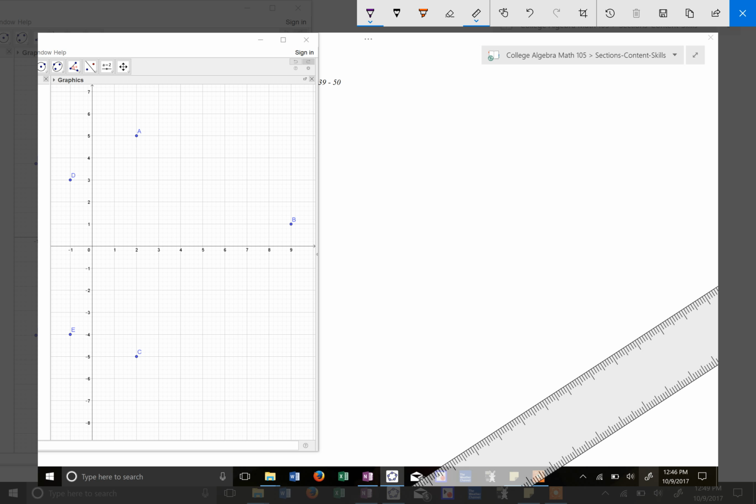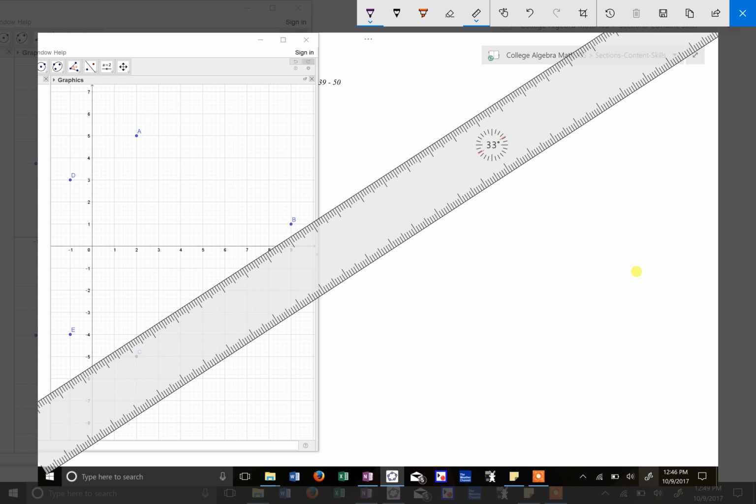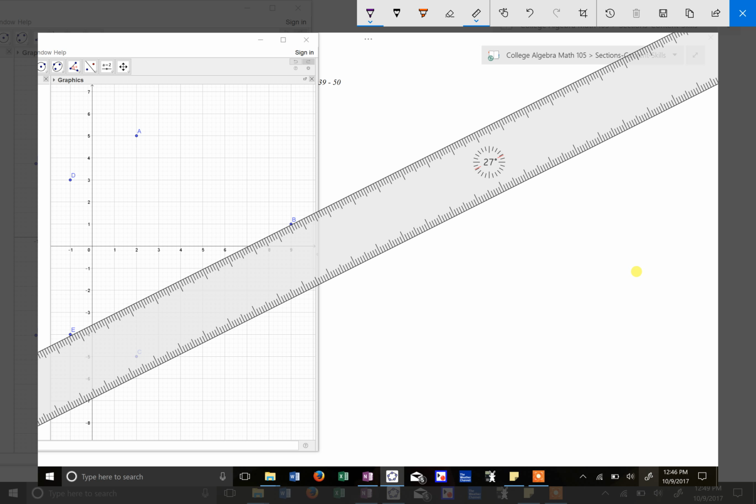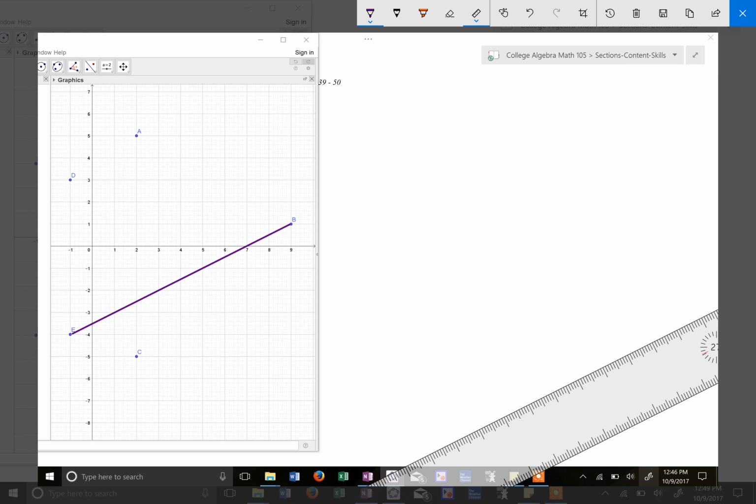Even if you forget the midpoint formula, you should still be in decent shape and be able to figure it out. So if I give you something like this, let's take a look at this one. It looks like E is at the point -1, -4.